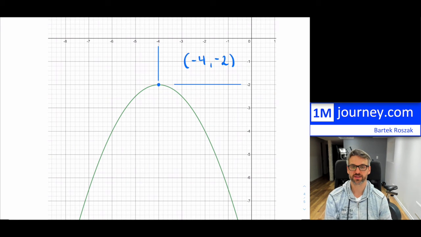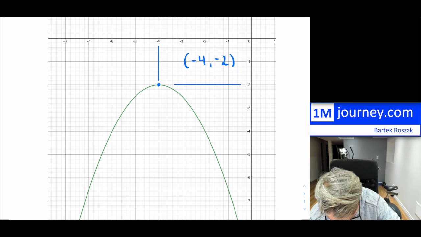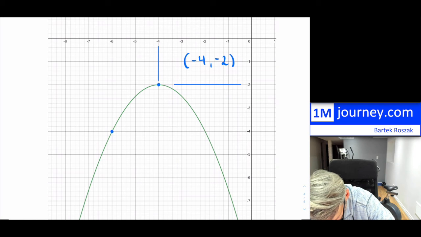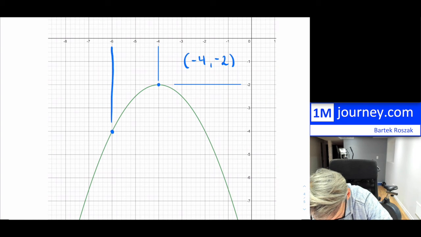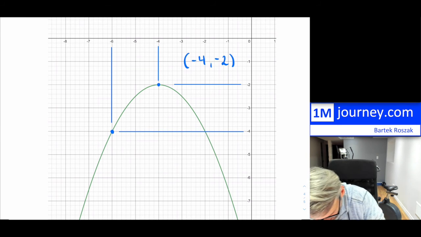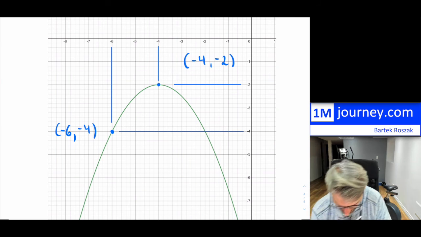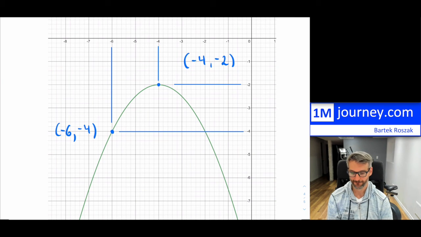That's my vertex. And now I'm going to pick a point. It doesn't matter what point, but I'm just scanning through. And let's say it goes through right here. So this is going to be my second point that I have to find my a, and that's going to be negative 6 and negative 4. So that's what I have for that.